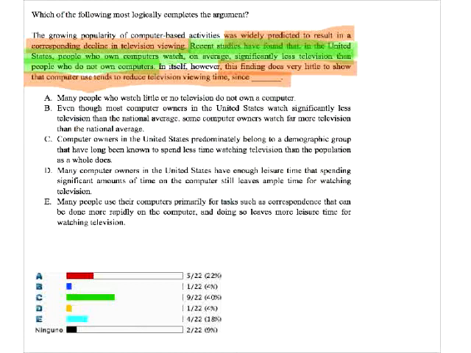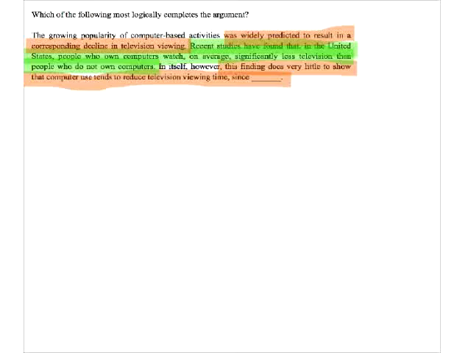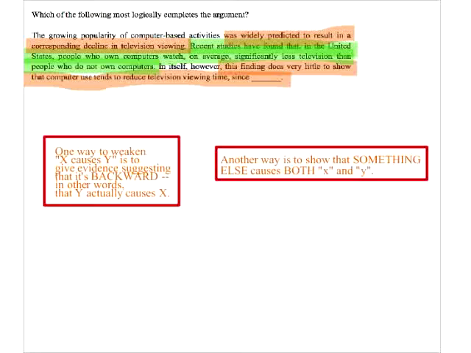I'm going to kill the answer choices, and we'll talk about it the same way we talked about these things before. So remember that there are two ways that we can weaken this kind of thing, because this is another one of those cause and effect arguments. So here's what we had on the other page. This argument is a cause and effect argument.